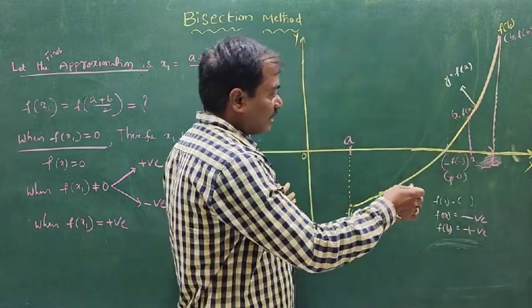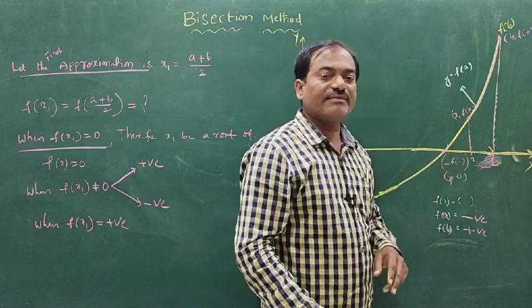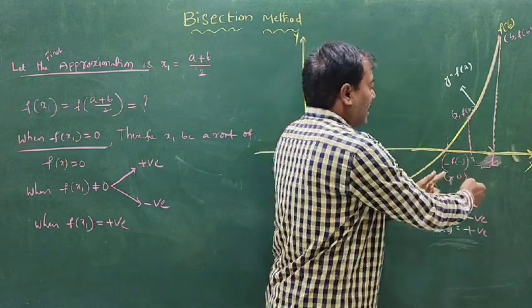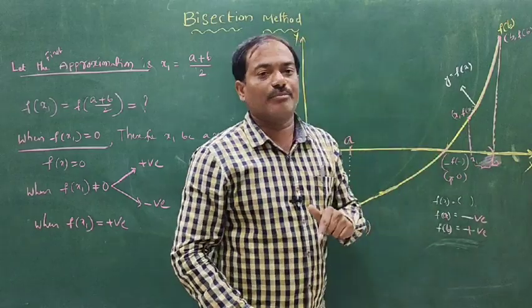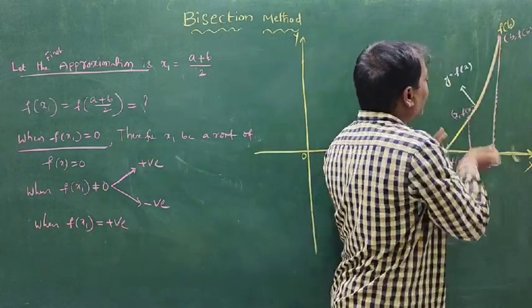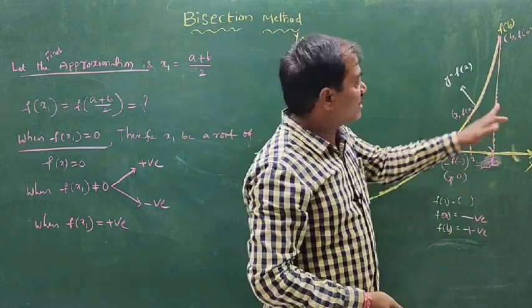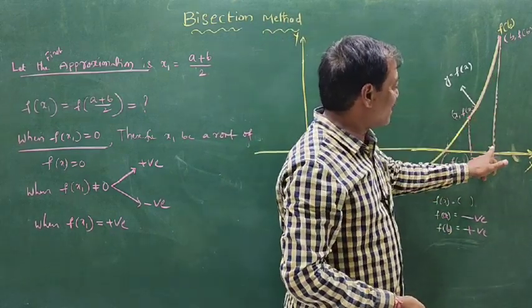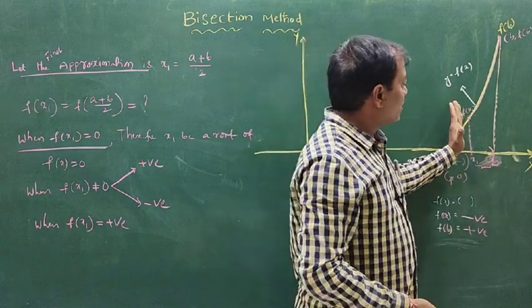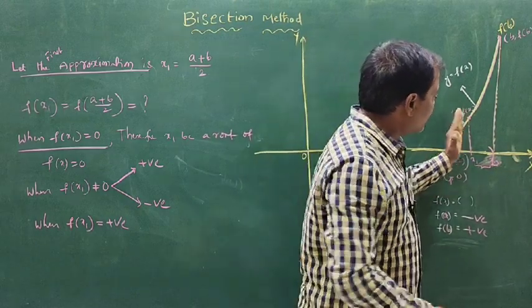The given interval a to b is divided into two parts: a to x1 is the first part and x1 to b is the second part. In the second part the graph is completely in the first quadrant, so it is not intersecting the x-axis anywhere.